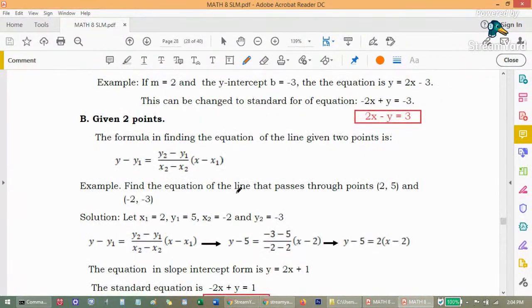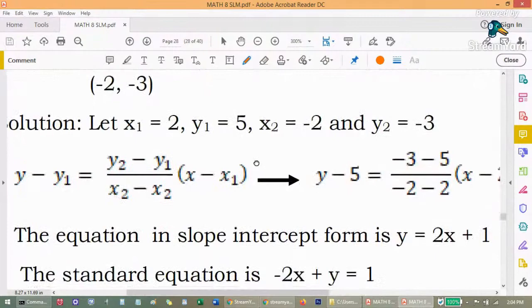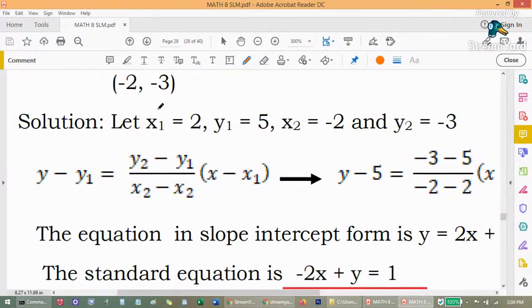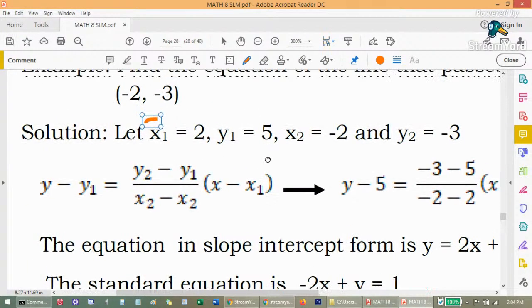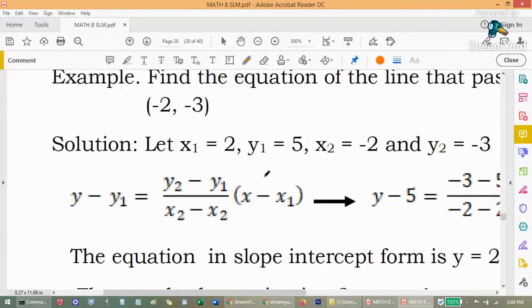Tingnan natin sa book. So, sa module is 2 and 5 ang first point. So, ang first x natin is 2 at ang first y natin is 5.